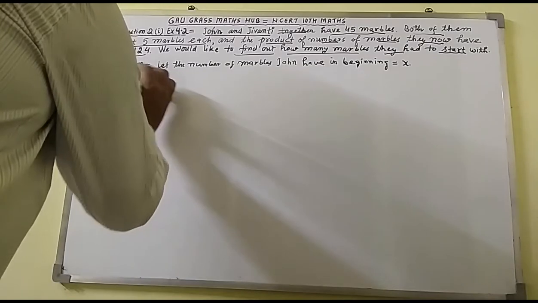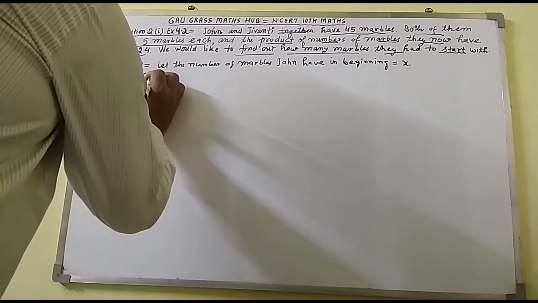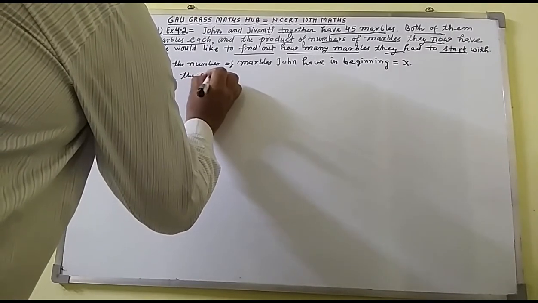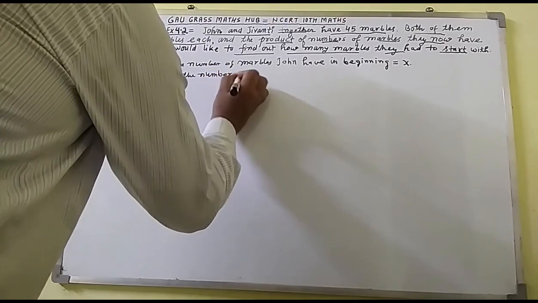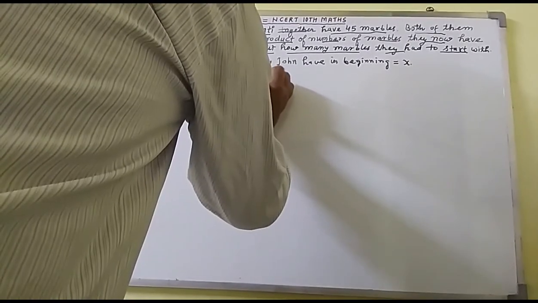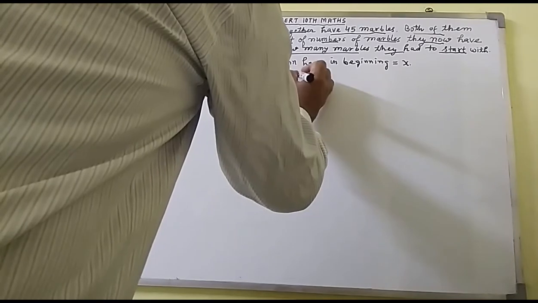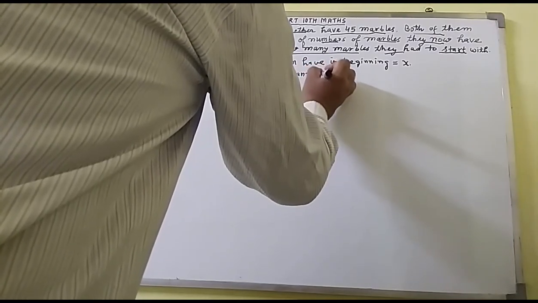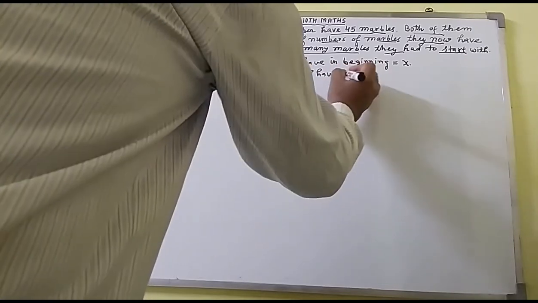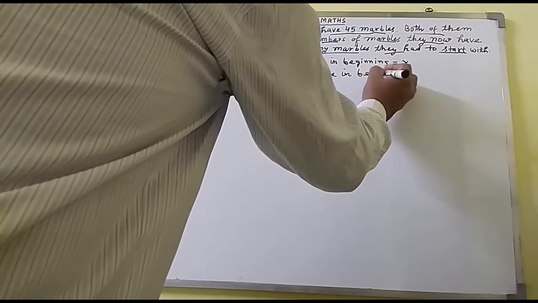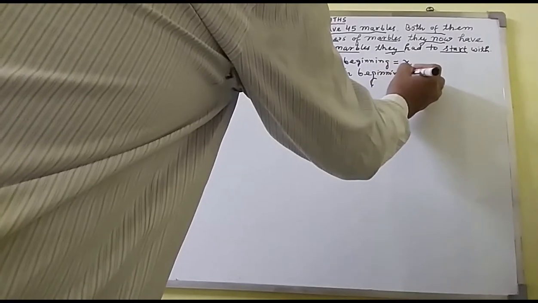Therefore, the number of marbles Jivanti had in the beginning equals, here you can see John and Jivanti together have 45 marbles.